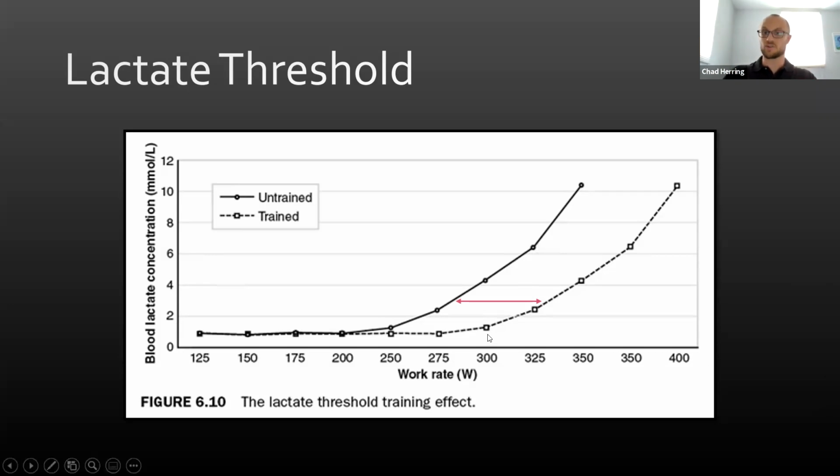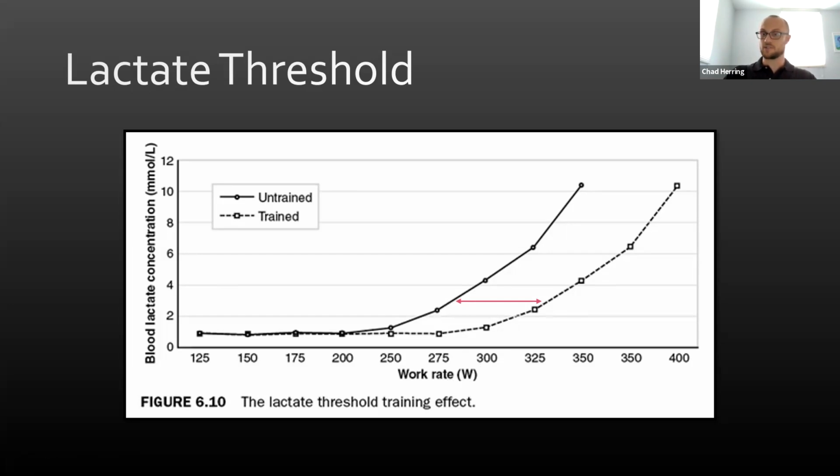So remember, a trained individual is going to produce lower blood lactate at the same work rate or the same wattage. Or you can look at it another way. You can see this arrow. Let's say we're going to the same amount of blood lactate, 2.5 millimoles per liter in the blood.